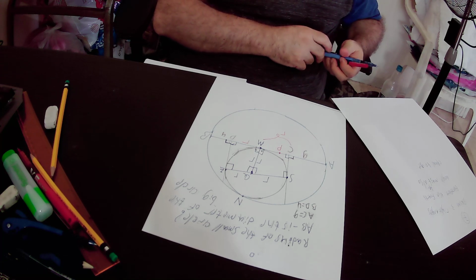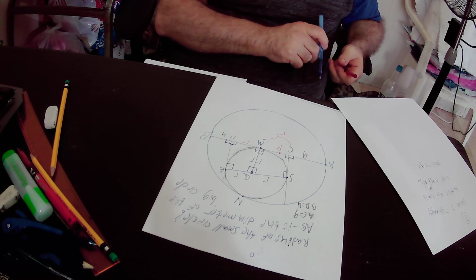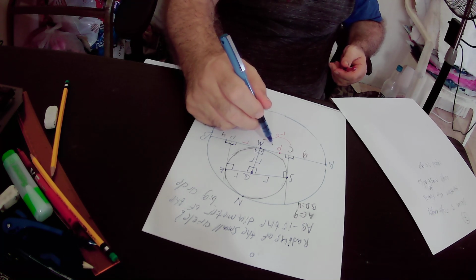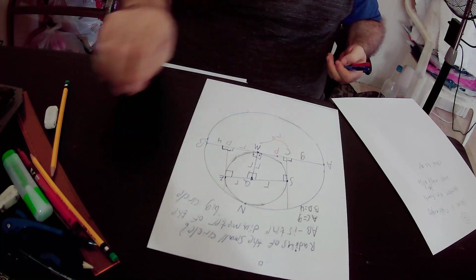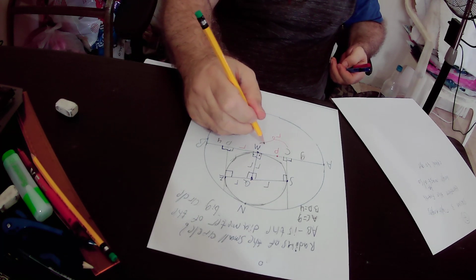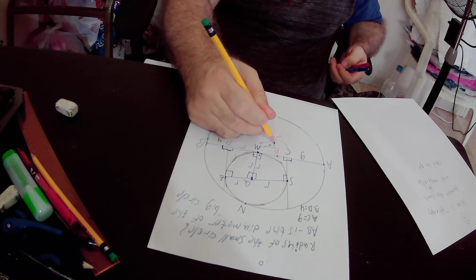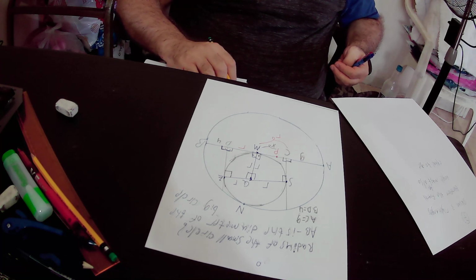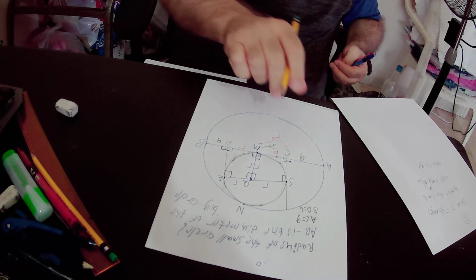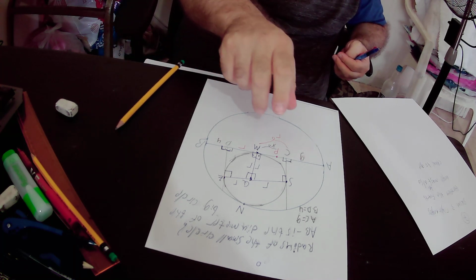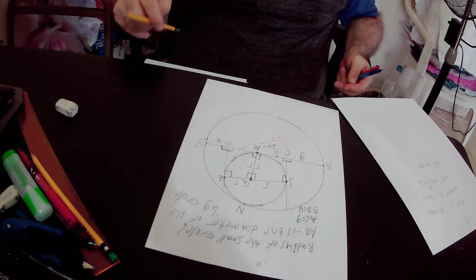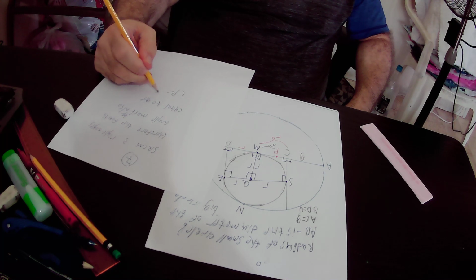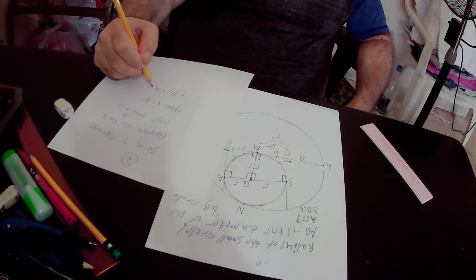In the next step, we will define PM as X. PM equals X, so CP equals CM minus PM.